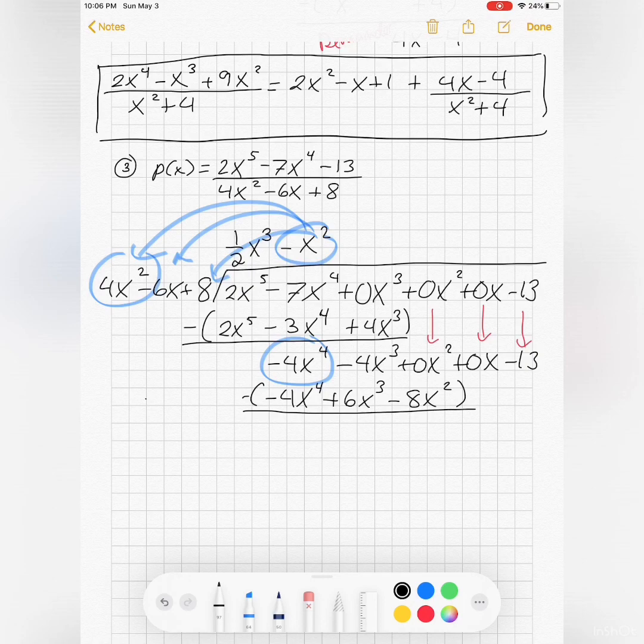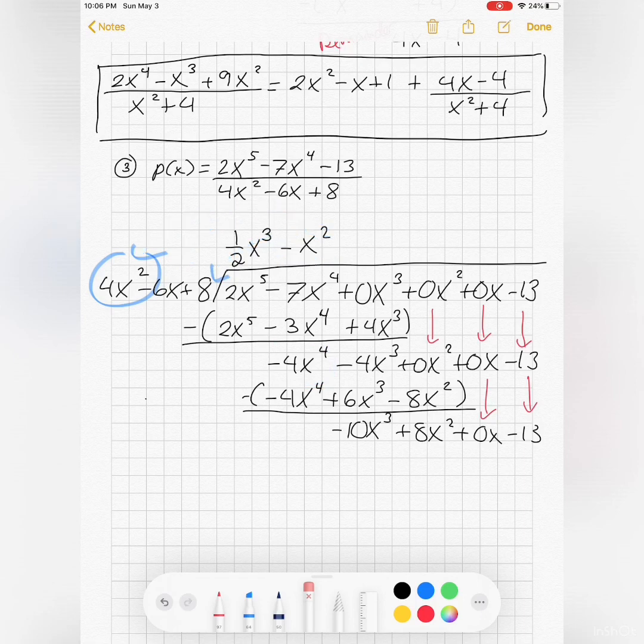Okay, so what do we get here? Negative 10x cubed plus 8x squared. Bring this down. Okay, and then I start over.